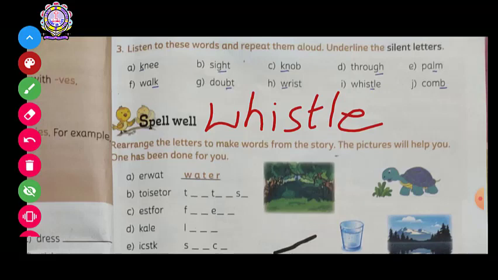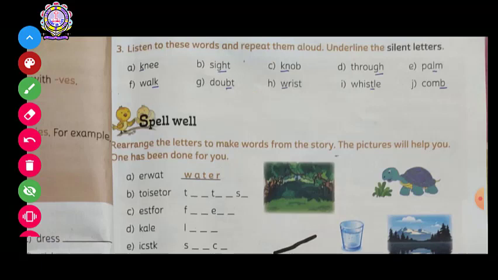Next is whistle. WHISTLE. T is your silent letter. The pronunciation is "whissle", but your T is silent, meaning the sound of T is not coming. Next is comb.